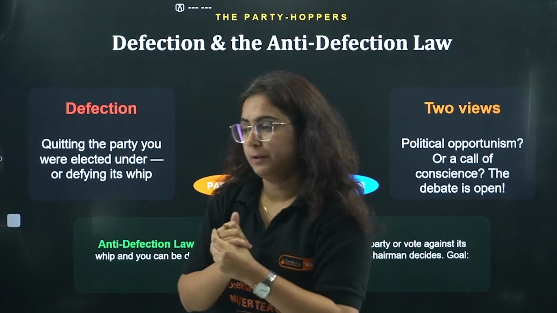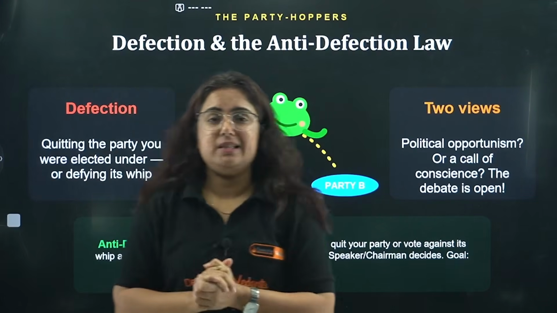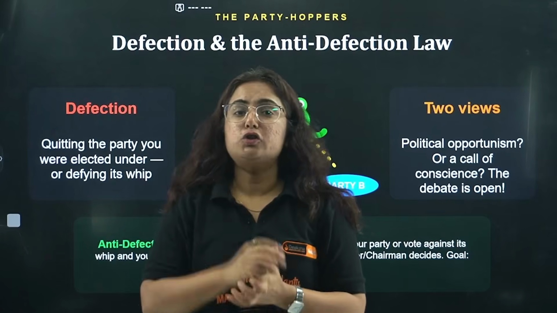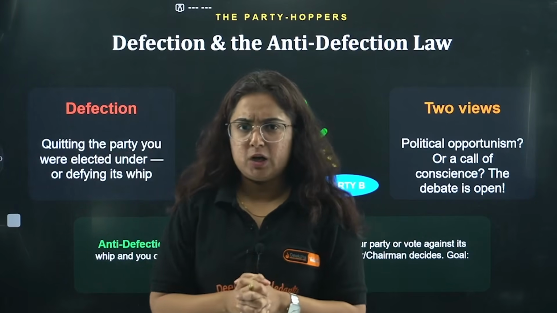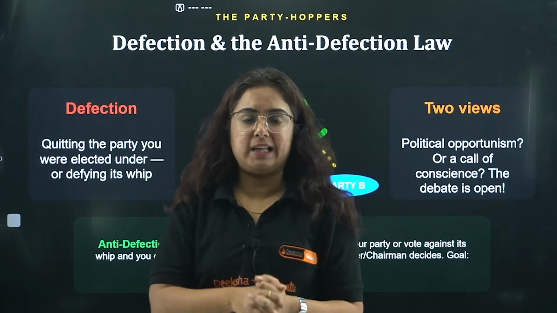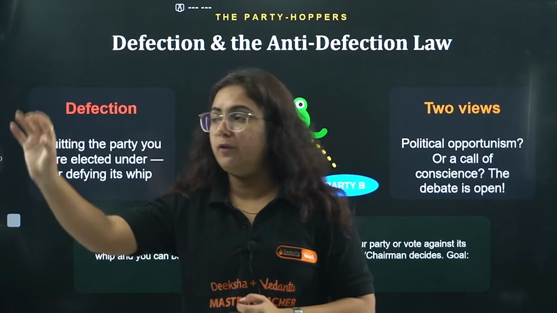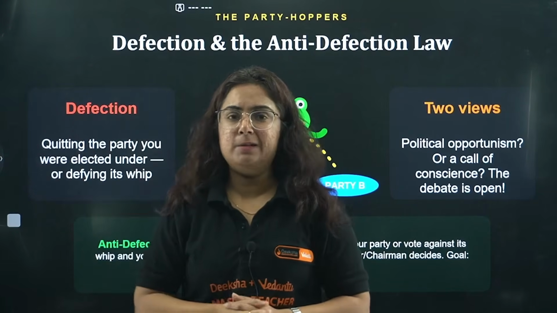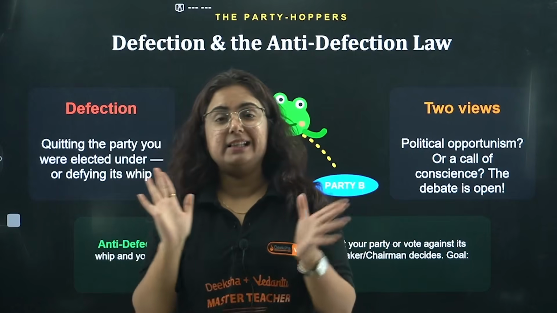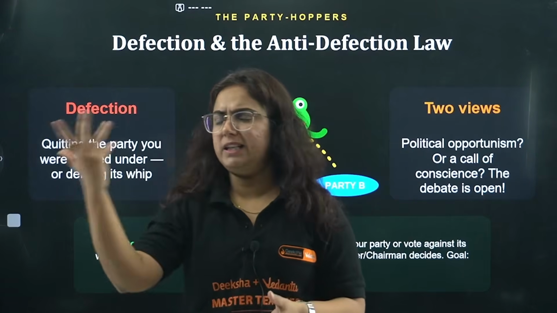Defection means that whenever you choose a candidate, you give the vote to that candidate. During that time, that candidate was part of political party XYZ. After winning the election, because there is freedom, you can choose anything you want.